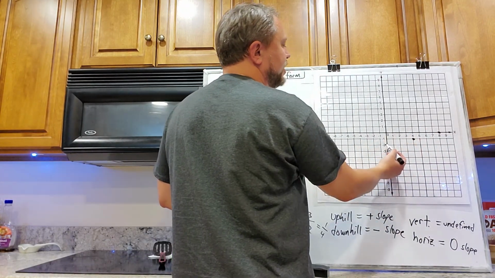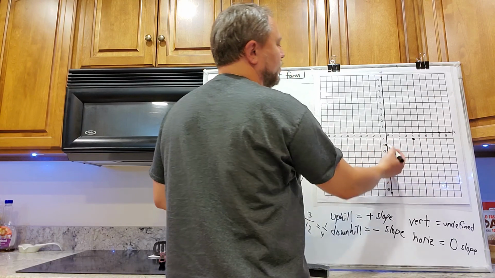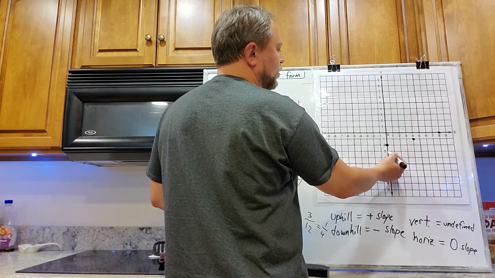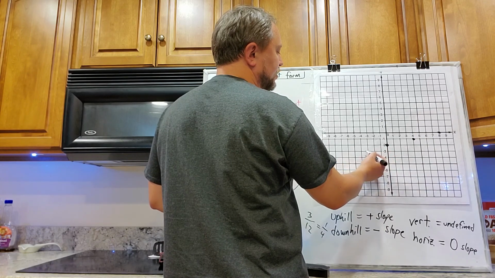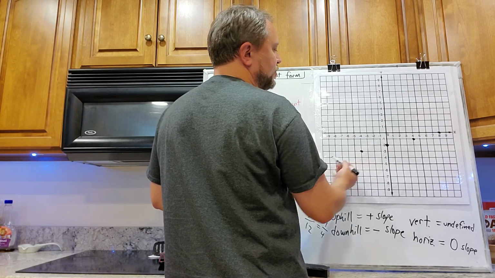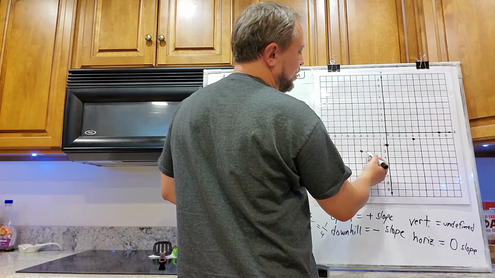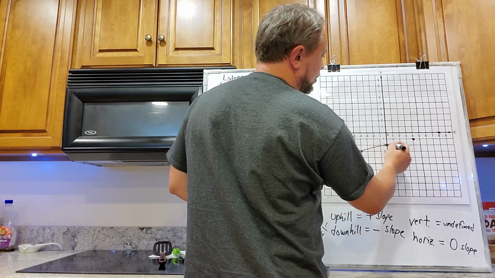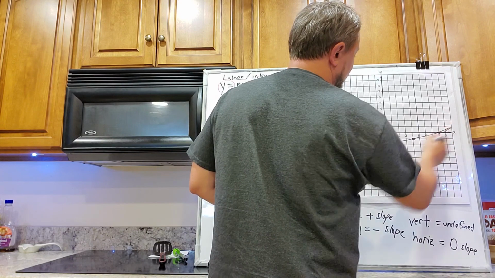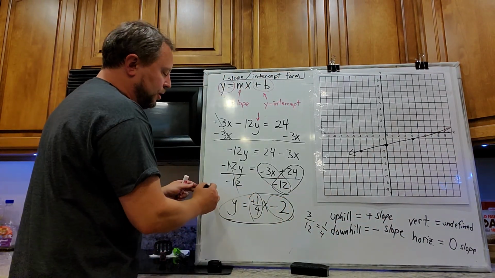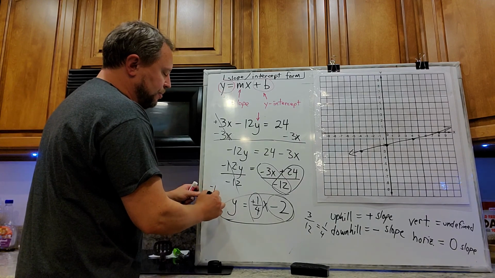You could even, instead of going up 1 and forward 4, go down 1 and back 4. If you do everything completely opposite, it's the same slope still, see? See how that still runs in the same line there. Okay, it'd be as if I had put negatives on both the top and bottom.